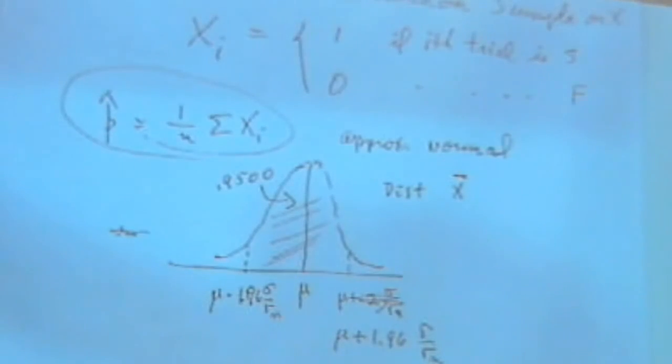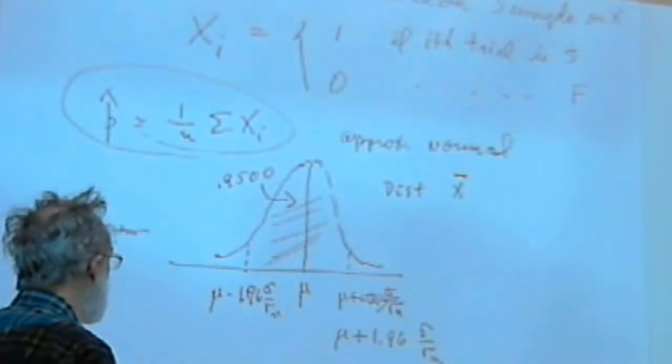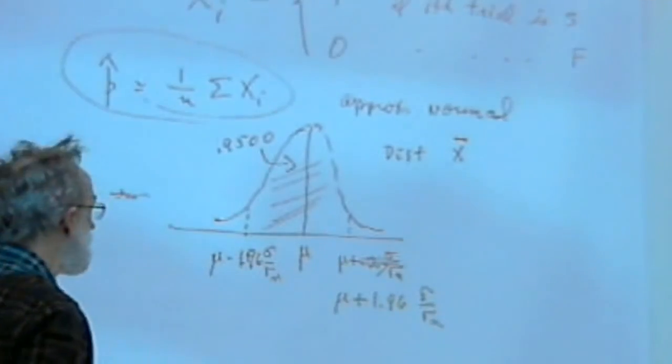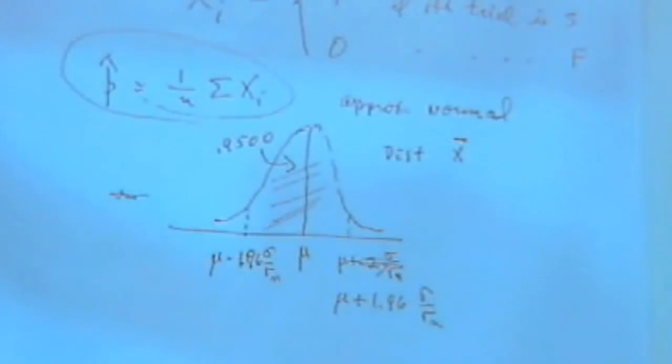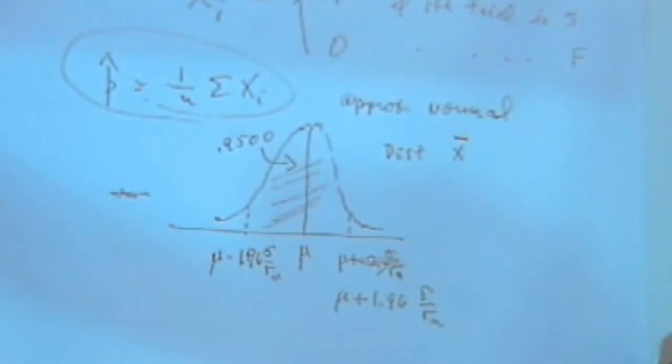This would be an approximation. So here's an interval. Okay. And you just ignore sigma for a moment, and you can tell me that's not an interval you could use.